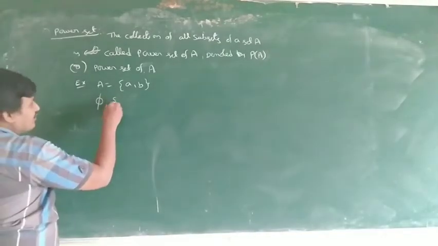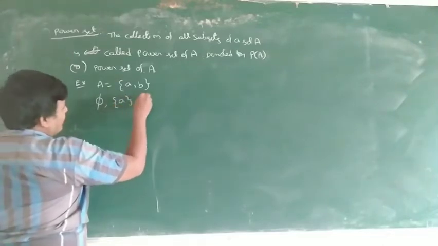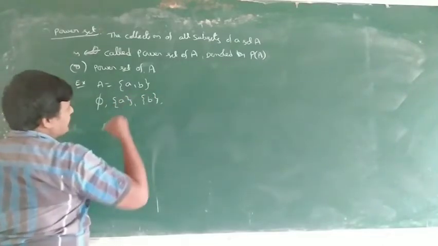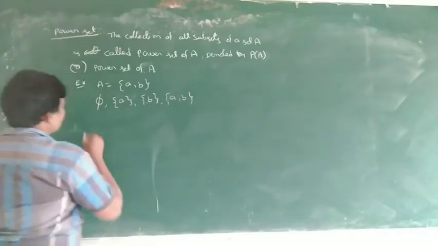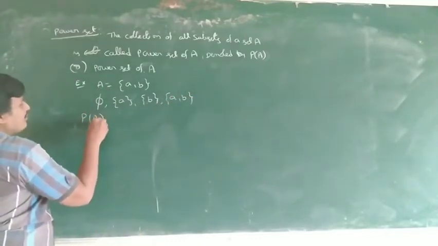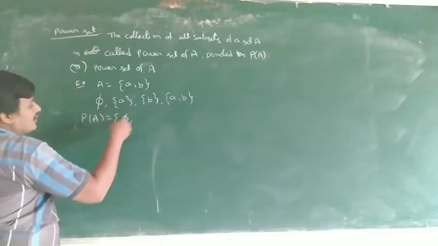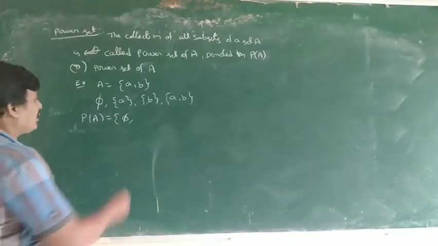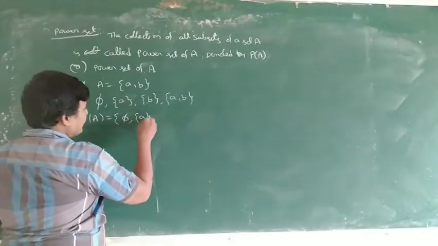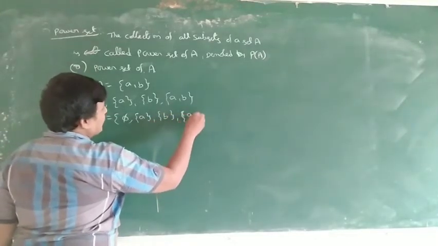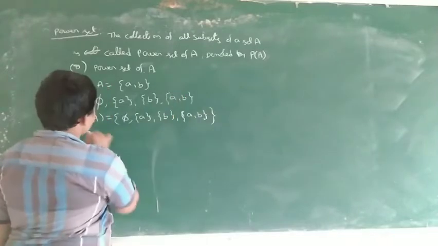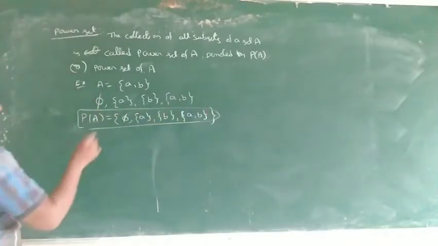Next single elements a and b, and the double element set {a, b}. So the power set of A is equal to, written in set form, {phi, {a}, {b}, {a, b}}. This is the power set of A.